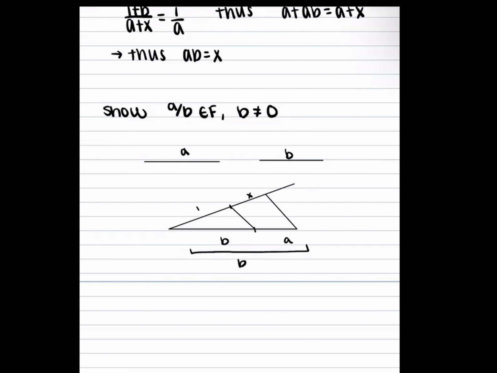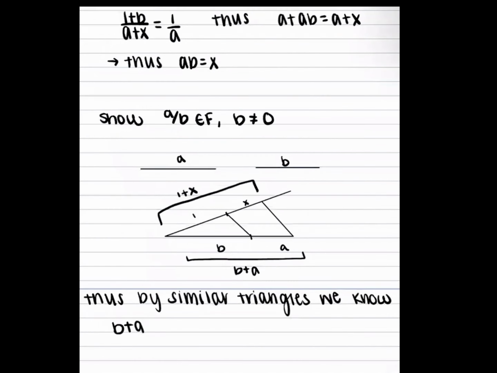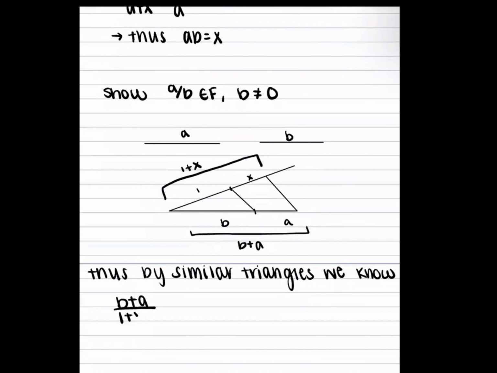We therefore know that that bottom segment has length B plus A, and that top one has length 1 plus x. And thus, by similar triangles, we know that B plus A over 1 plus x is equal to B over 1.